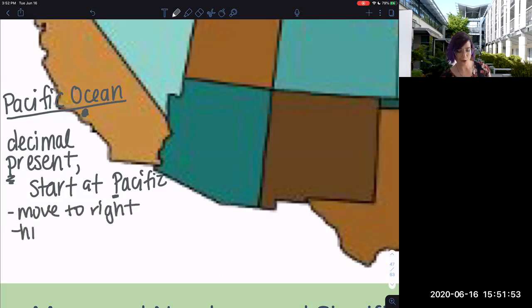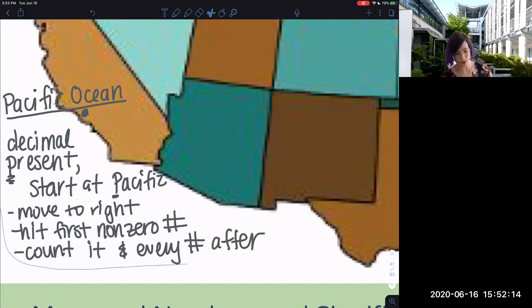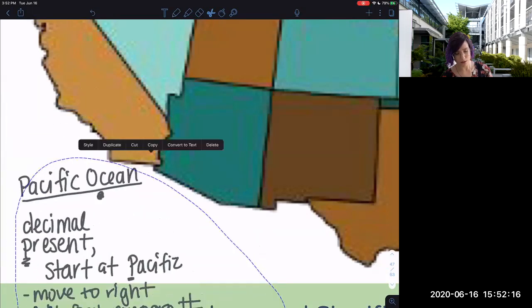You're going to hit your first non-zero number. You're going to count it, and you're going to count every number after. Count it, and every number after. And I'm going to copy this because I'm going to use it on the other side.